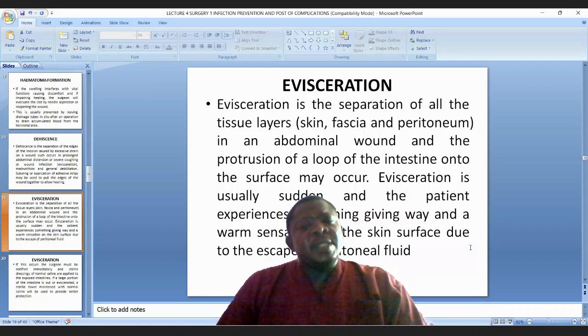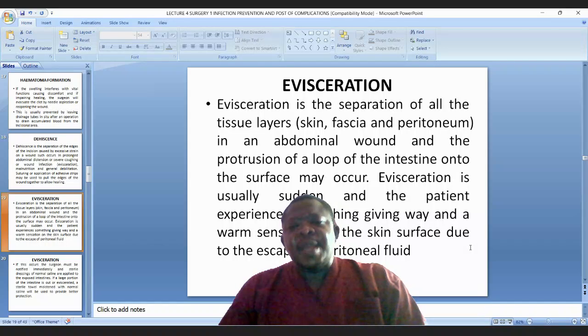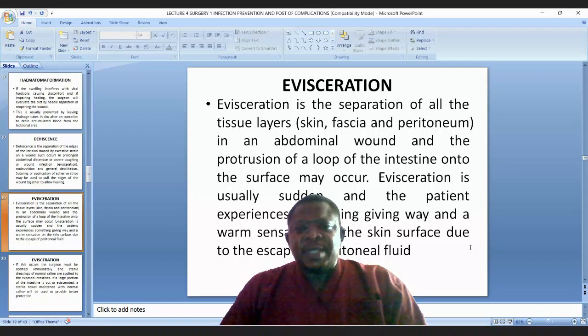For instance, if the patient is coughing, after they cough, trying to support the abdominal area where the operation was done, they feel like there's some fluid escaping from the wound area.